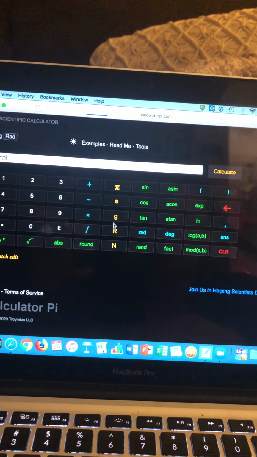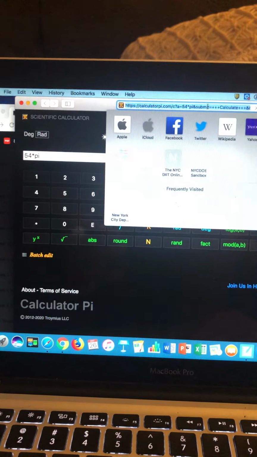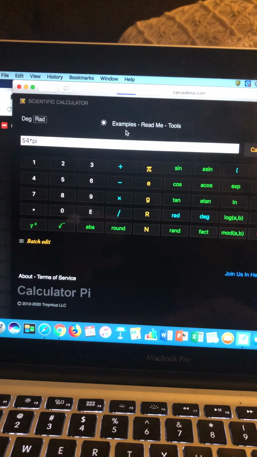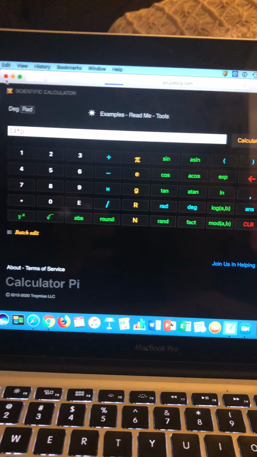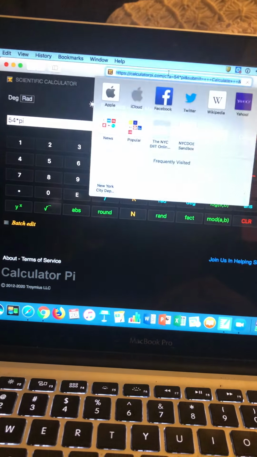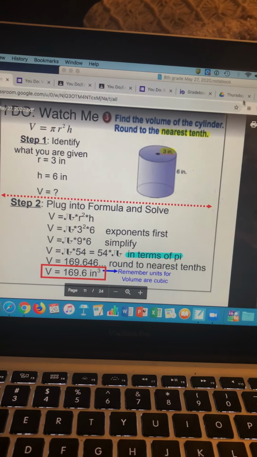Hopefully it goes, come on, try again. Okay. All right, let me try to get this on Google Chrome because sometimes my Safari doesn't like to work.